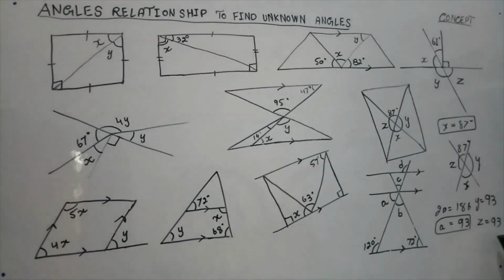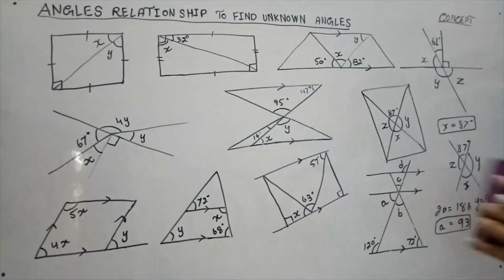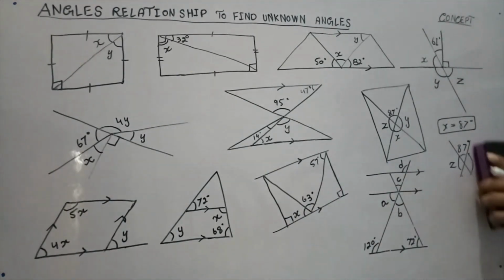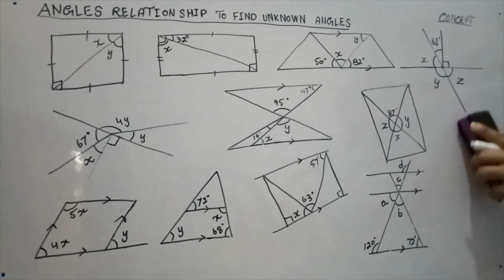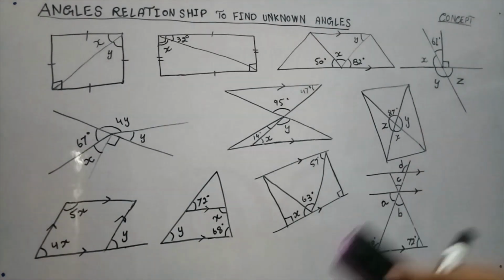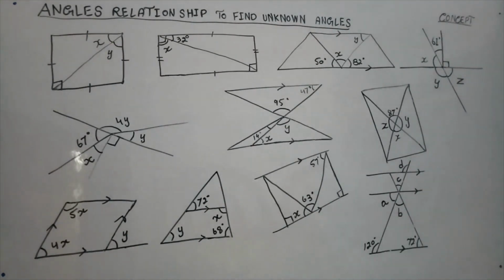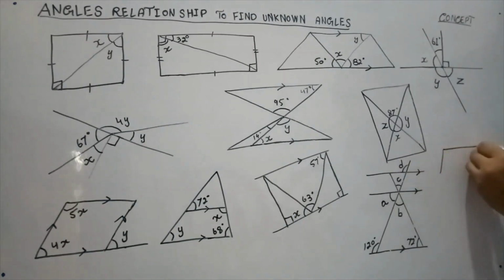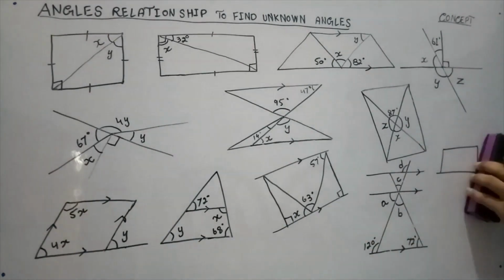So y and z will be equal to 93 degrees because a has the value of 93 degrees, and we have our value of x which is 87 degrees. Clear? Now we will solve our next part. In this we have a parallelogram.